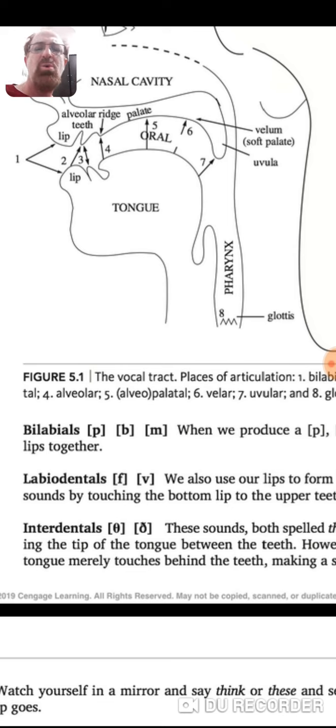I know the name in Farsi, but I don't know the name in Arabic, but sounds like Hamza are produced in number 8.